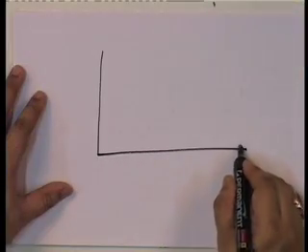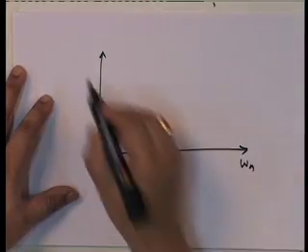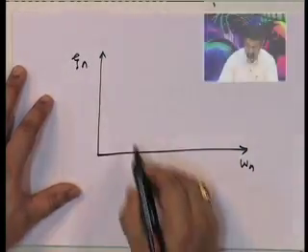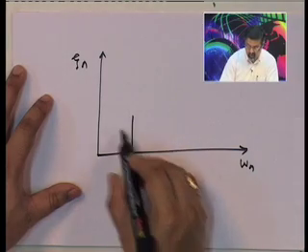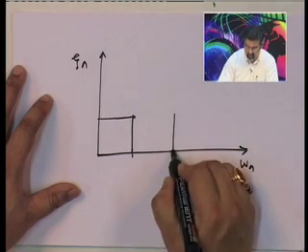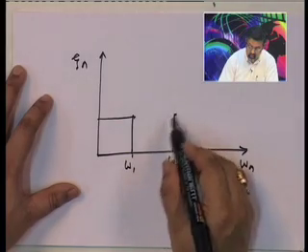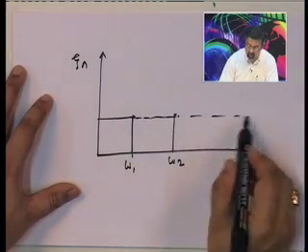So what have I done? Let's look at it. When I draw omega n versus xi n, what have I done? I have fixed it here: I have fixed omega 1 and I have fixed omega 2. So, how does it actually go?